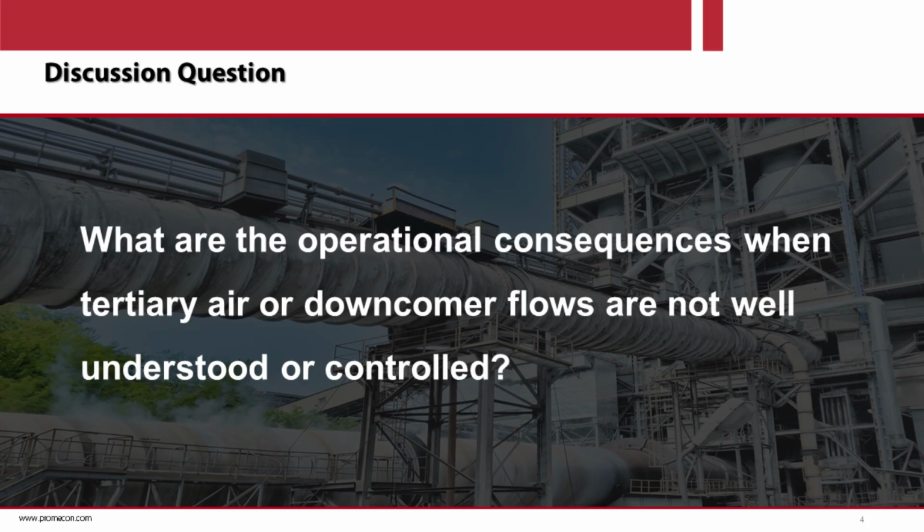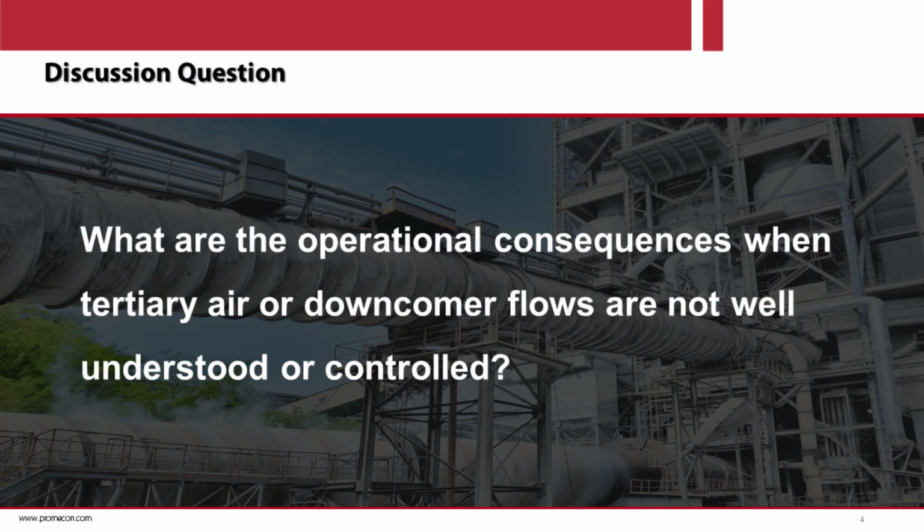And if you don't control and understand those two flows very well, that could result, of course, in incomplete combustion. You will have a higher CO level, for instance; you could pass over 100 ppm at the kiln inlet or at the calciner. And of course, we may burn more fuel. As John said, we could cook the raw meal, the hot meal, a bit too much at that stage, wasting our money on energy for no good reason.